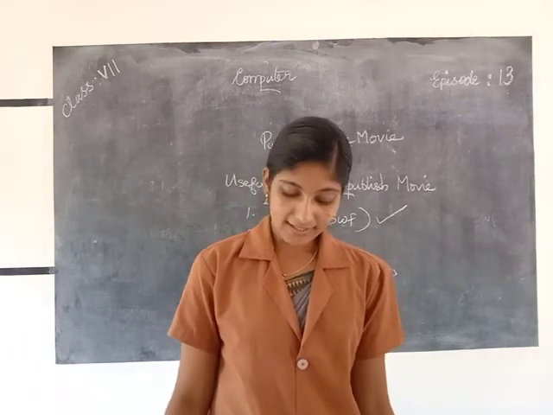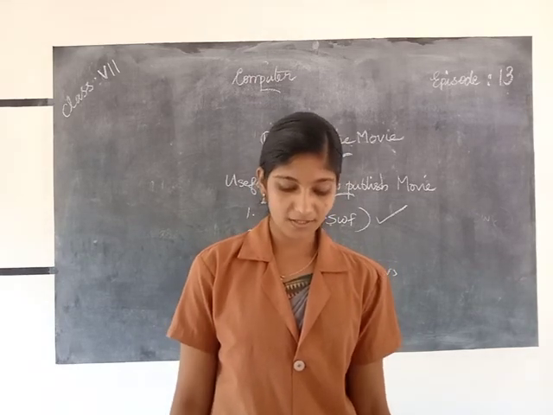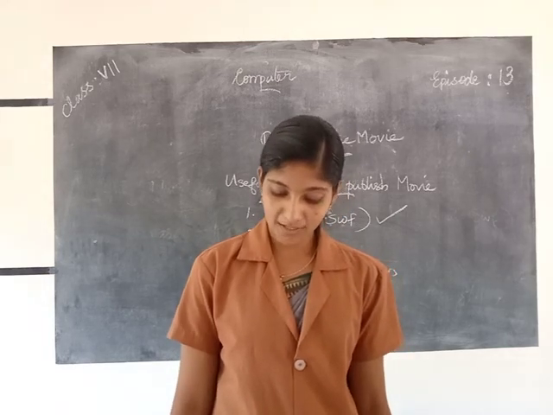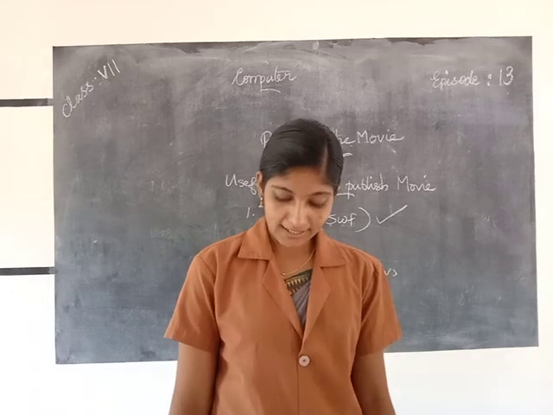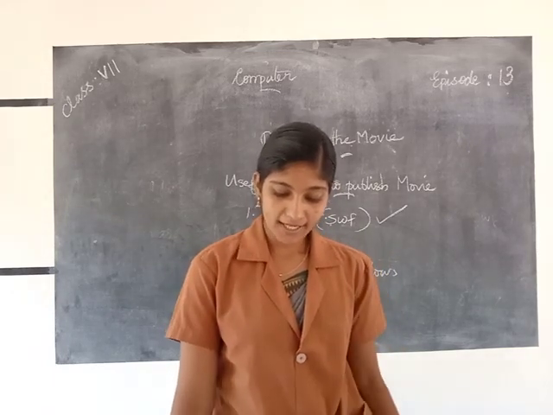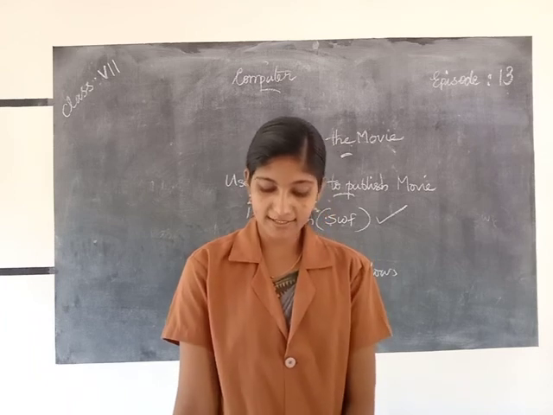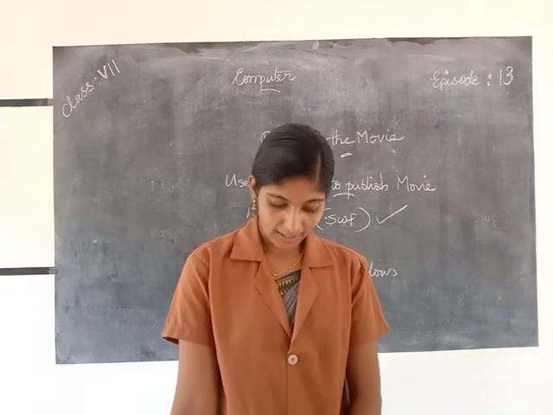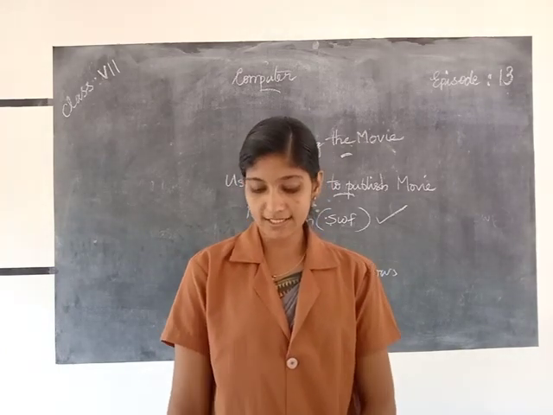The next question, the publish feature is designed for publishing animations on the web. Which feature is used for publishing animations? That is the publish feature. Then the dash is the final internet version of the Flash movie. So what is the final internet version? .swf. Then while publishing the movie, the dash option creates a standalone file.